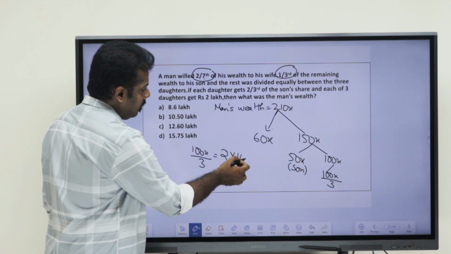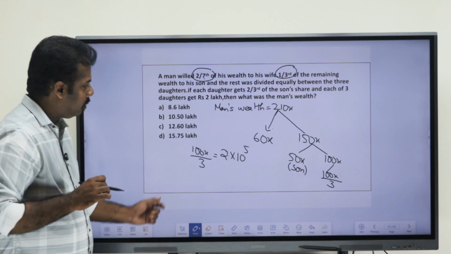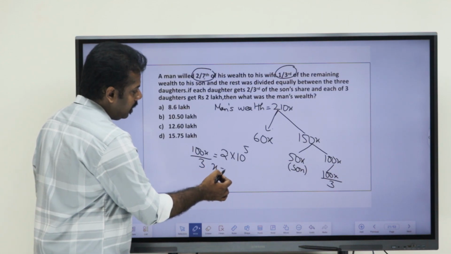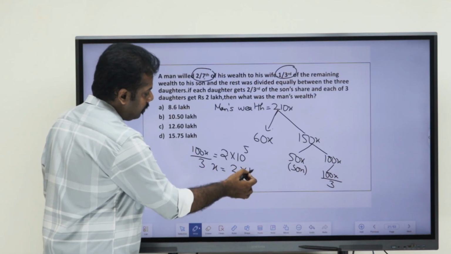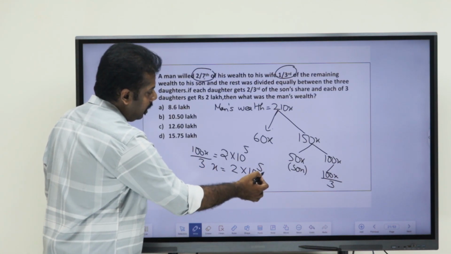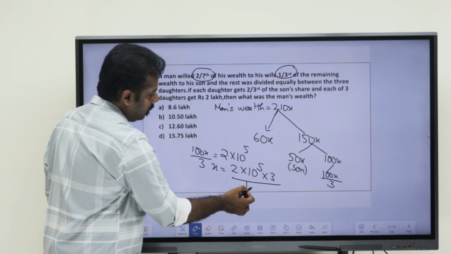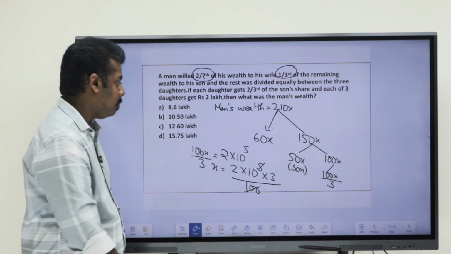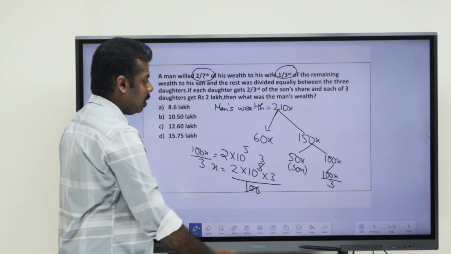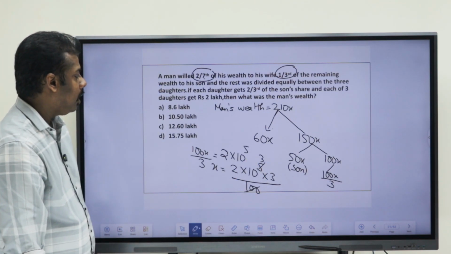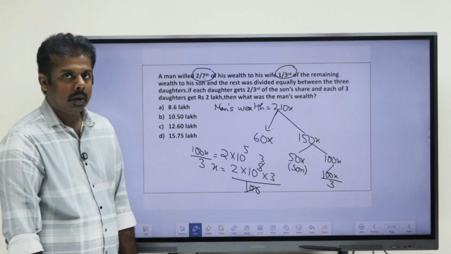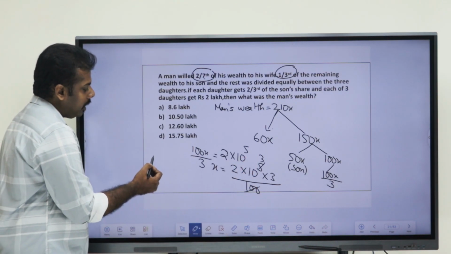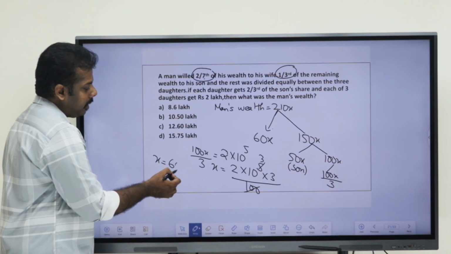Now solving to find the value of x, x will be 2 into 10 raised to 5 into 3 divided by 100. We can cancel two zeros, so this will make it 10 raised to 3, which is 1000. So 1000 into 6. So the value of x is basically what?